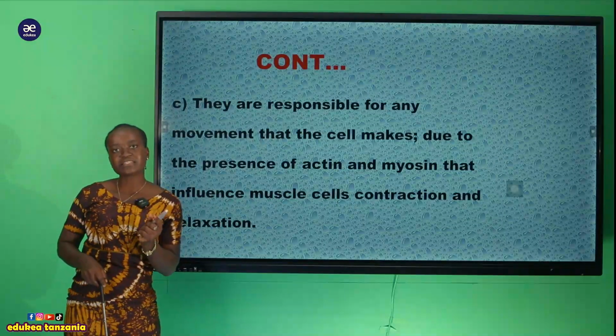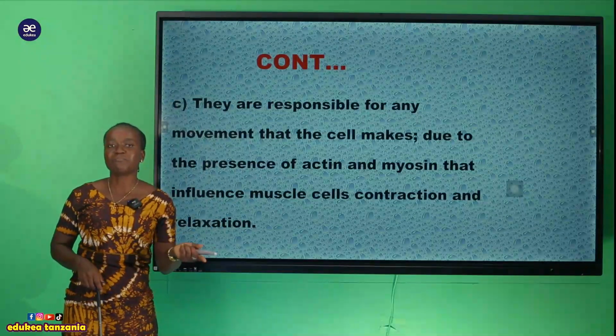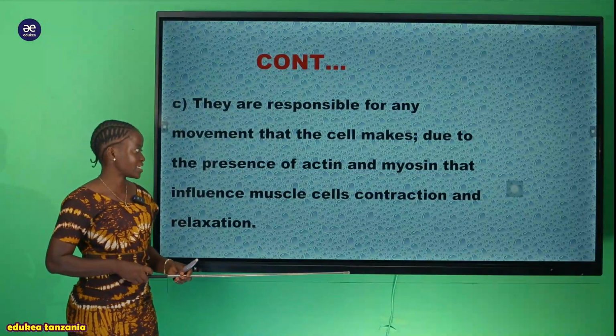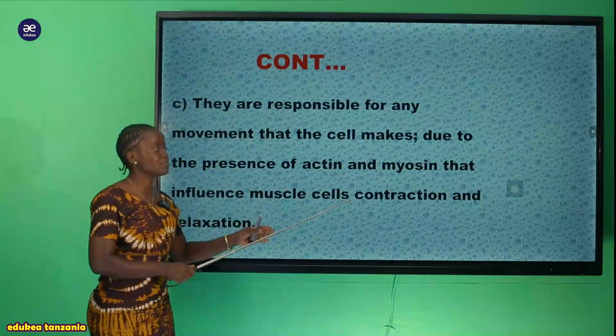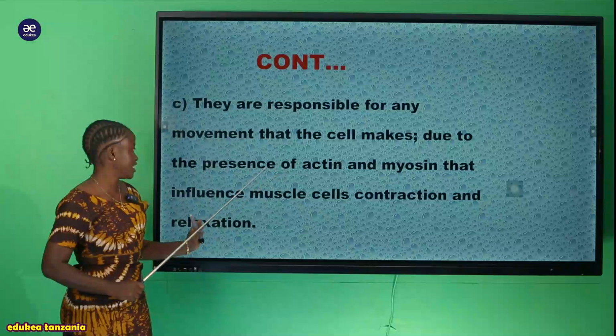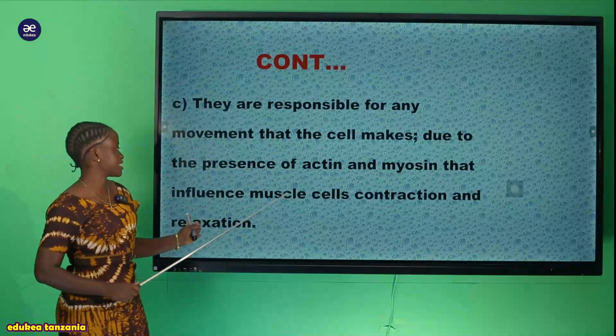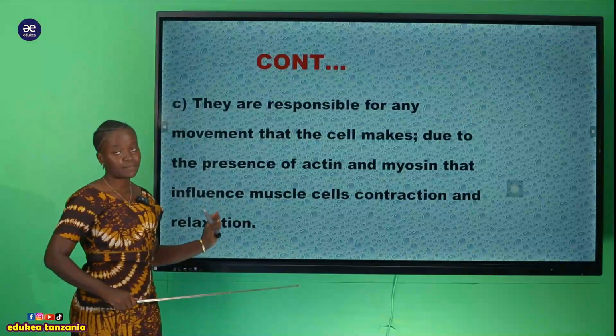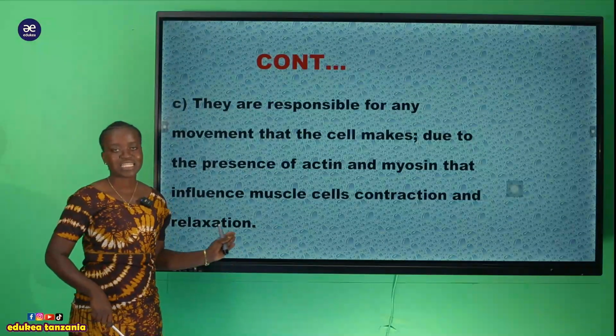Why does it help in the movement of a cell from one place to another? Here we have already seen that it is due to the presence of actin and myosin that influence the muscle cells contraction and relaxation.